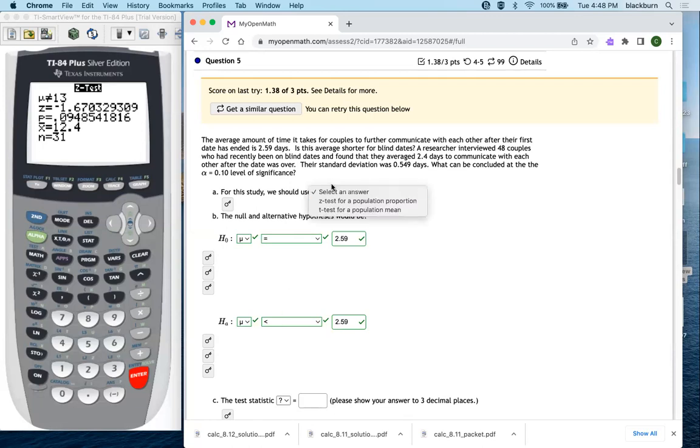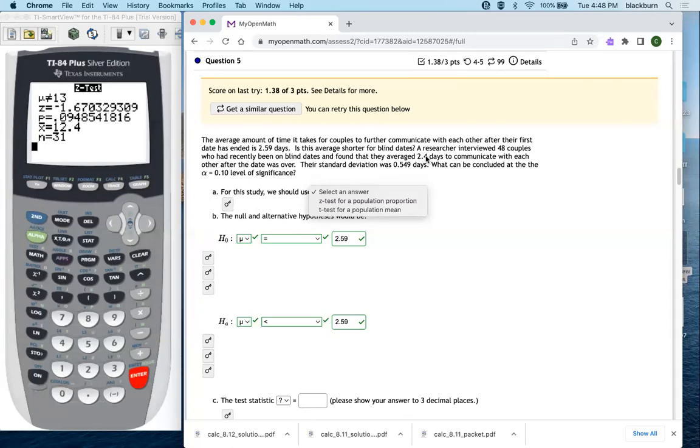It doesn't talk anything about the population standard deviation. It says we interviewed 48 couples who had recently been on blind dates and found that they averaged 2.4 days to communicate with each other after the date was over. Their standard deviation was 0.549 days.